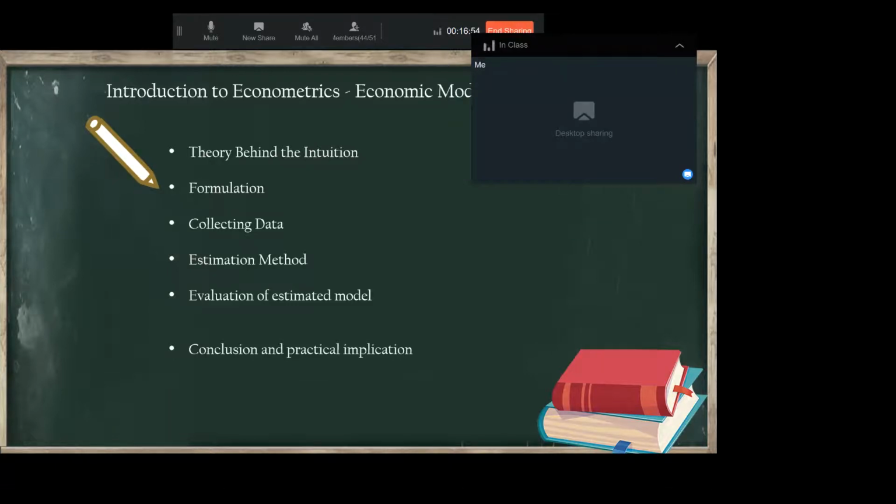From where? There are different platforms: World Bank, United Nations, government official websites, government institutions. They provide you the data free of cost, just for the sake of research, so that you can do research and come up with solutions to the already existing problems.